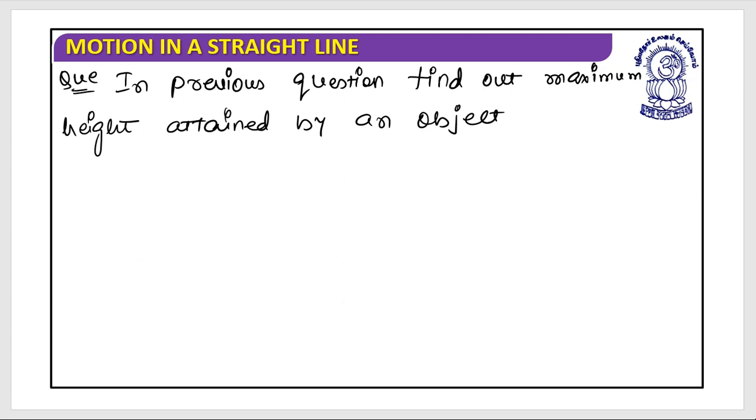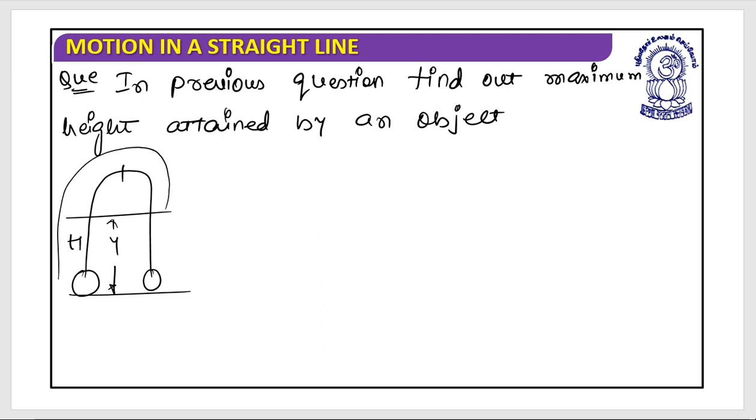So, shall I redraw the situation? Okay, let's have a look. This was the t1, this is the y, and this complete would be t2. You require this peak.